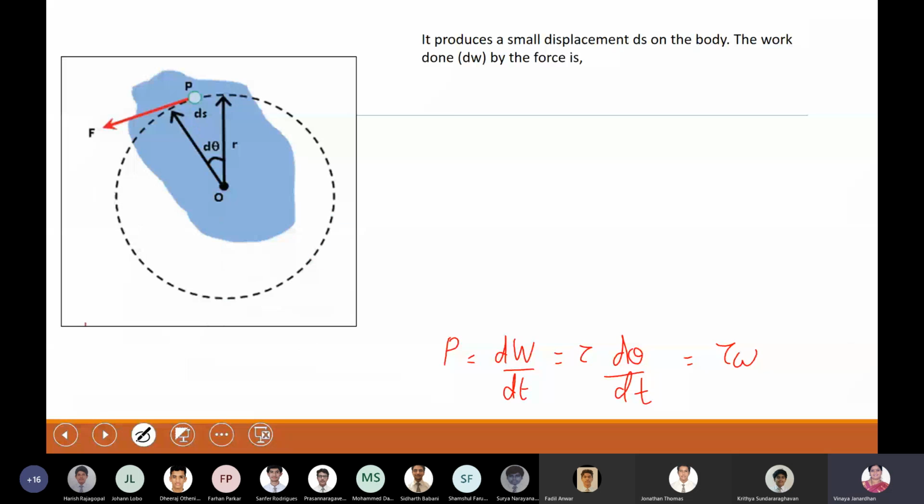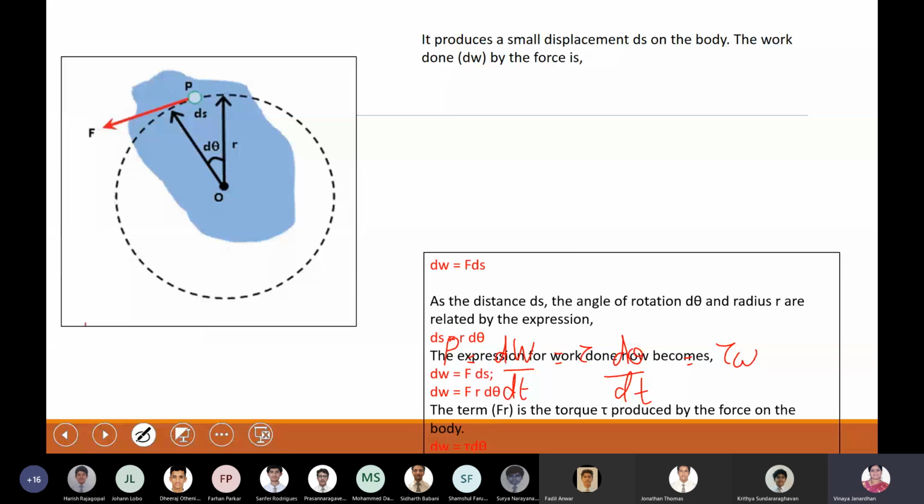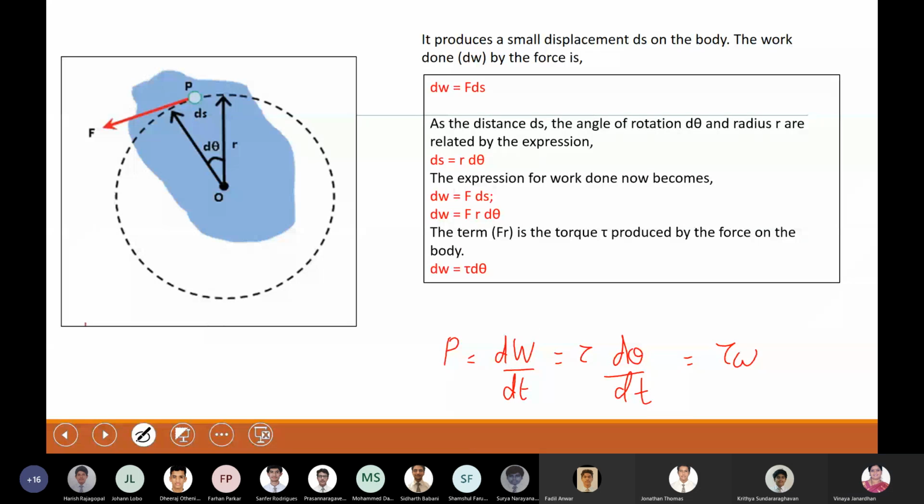Right, boys? It produces a small displacement ds on the body. So the work done by the force dW is equal to F into ds. This is ds, this will be your radius vector, and this angle is d theta. What will be d theta?